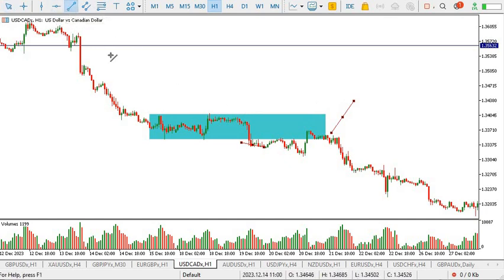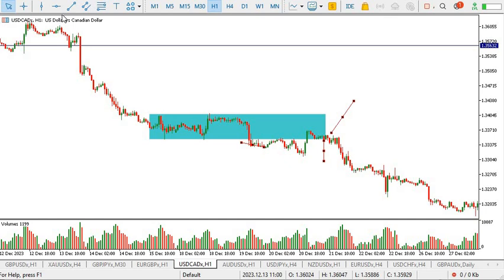So our initial target will be the pips it took for the market to form the rectangle. Here it is 55 pips. So this way we will gauge the market and this will be our first target. We can extend our target to the previous lows too.